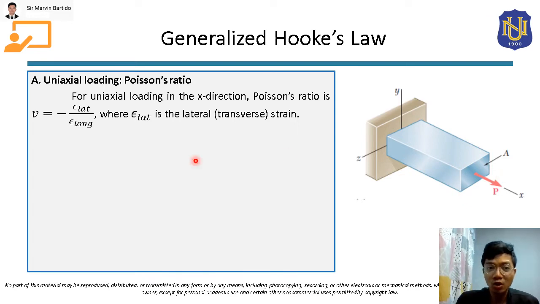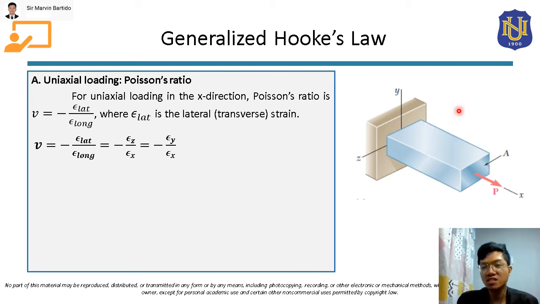From this illustration, we can say that the Poisson's ratio is equal to negative strain in the z direction, or negative strain in the y direction, over strain in the x direction.